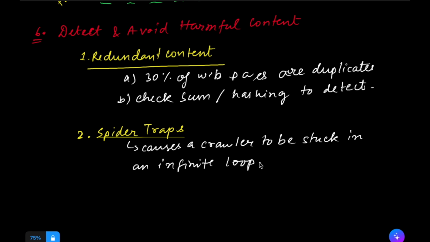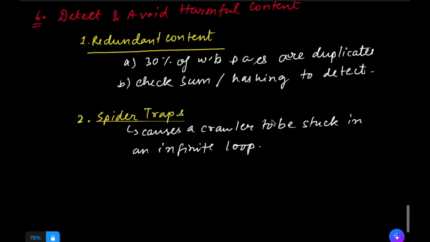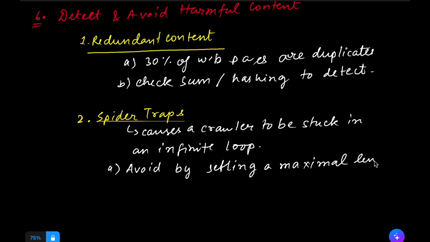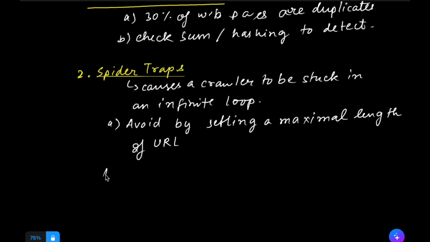The workaround for this is that we can avoid spider traps by setting a maximal length of URL, and another thing is to manually identify a spider trap.